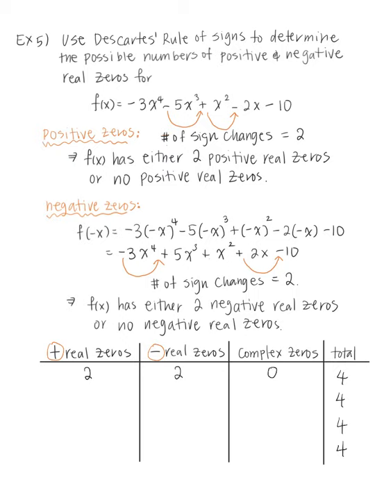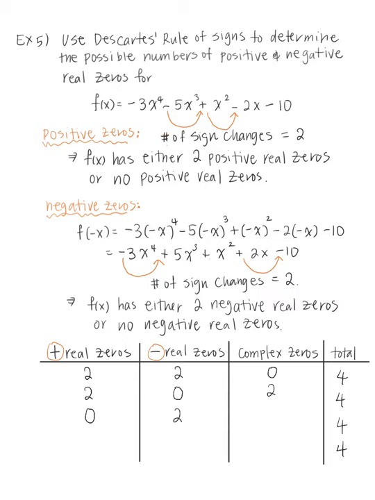All right. Now, suppose we have 2 positive real zeros and no negative real zeros. That means how many complex zeros are we going to have? 2. All right. Now, next, suppose that we don't have any positive real zeros, and then another choice for the negative real zeros was 2, right? So suppose that's 2.